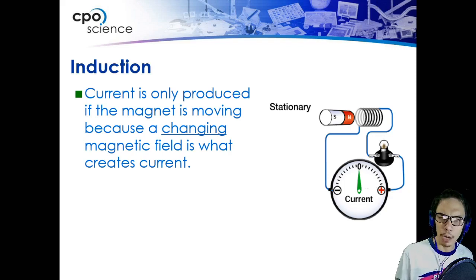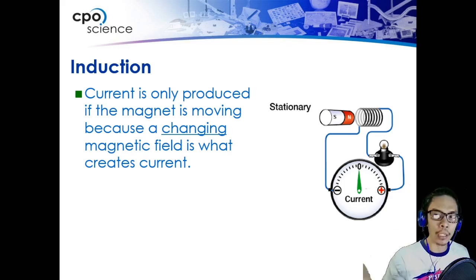How is that possible, to have a changing magnetic field? When the magnet is near the coil, as we all know, the north pole of the magnet contains greater intensity of magnetic field, so it contains greater flux. If you move this north pole near the conductor, the conductor experiences an increase in magnetic field.